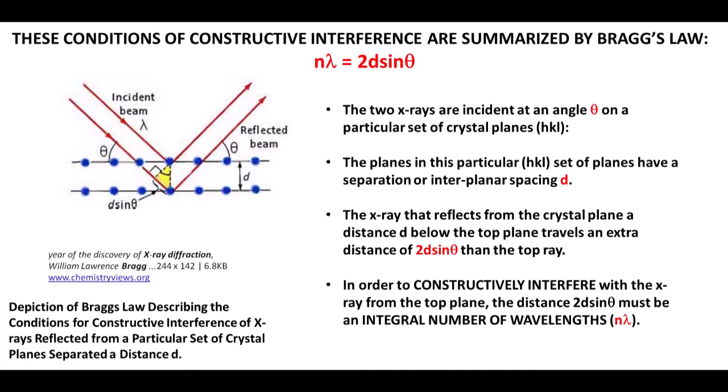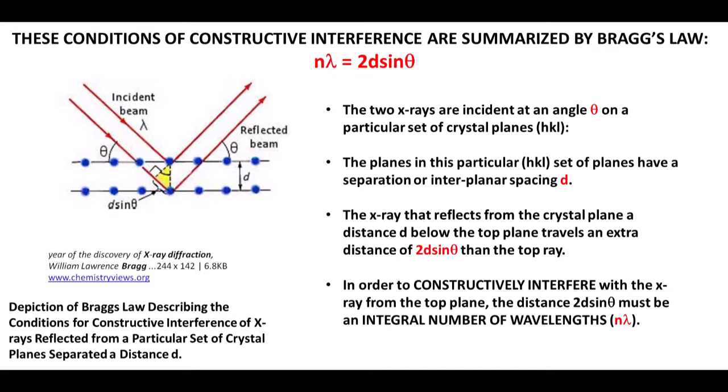And when they emerge out of the sample, they will have undergone constructive interference. D again corresponds to the specific interatomic planes of a given plane of interest, and we denote that plane using the Miller indices HKL.